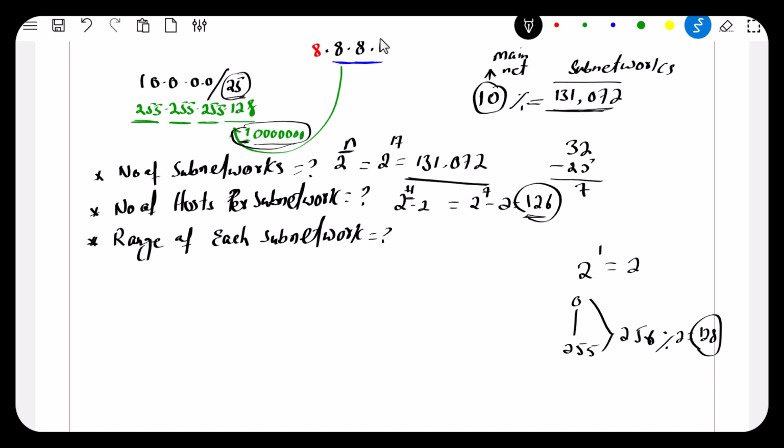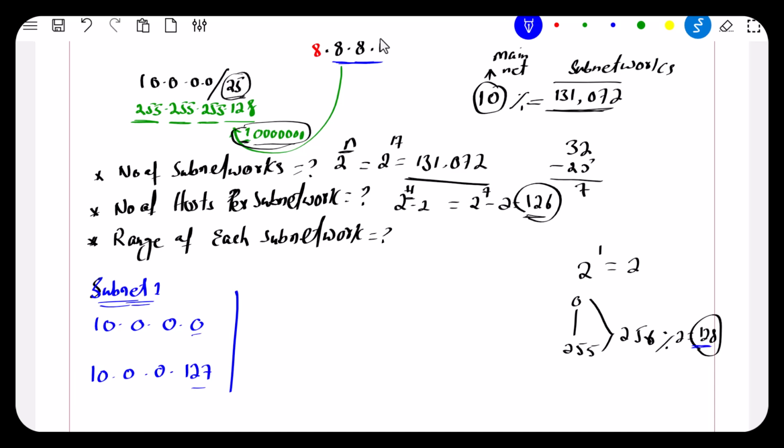So now the range of the first subnetwork, subnet 1: 10.0.0.0 to 10.0.0.127. This is the first subnetwork. You can see from 0 to 127 it's equal to what? 128.